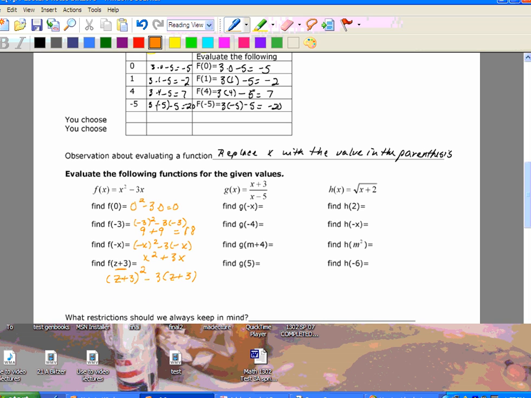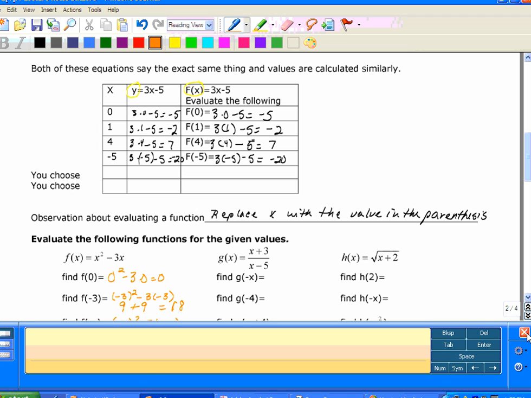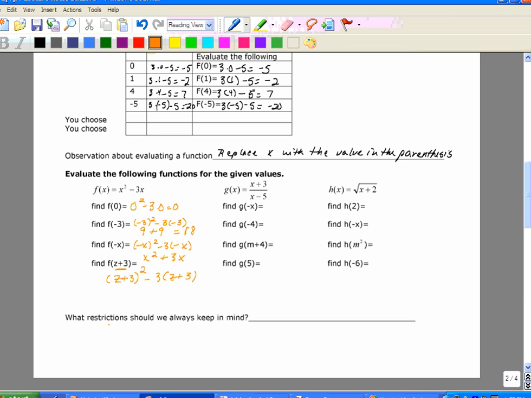Now here we get into some old algebra where we need to clean this up. So it's going to look like, foiling this out, z plus 3 times z plus 3, and distributing out the negative 3, minus 3z minus 9.